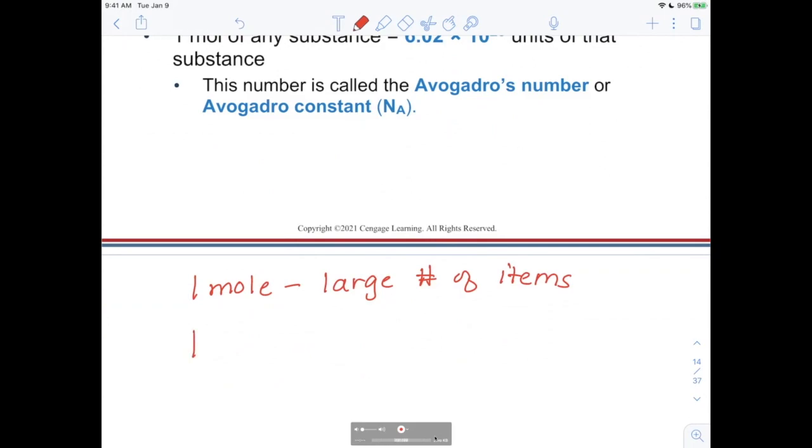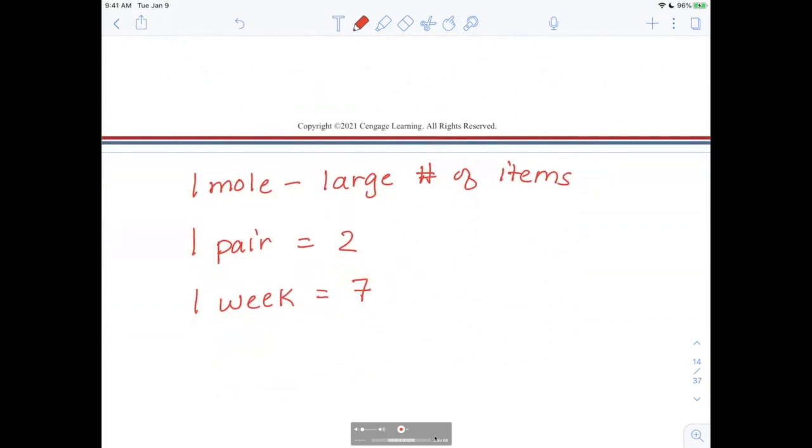For example, if I say one pair, it's understood that the term pair stands for two. If I say 1 week, the word week stands for 7. If I say 1 dozen, the word dozen stands for 12, except for a baker's dozen, which is apparently 13. We don't have that where I come from. We just have regular dozen.